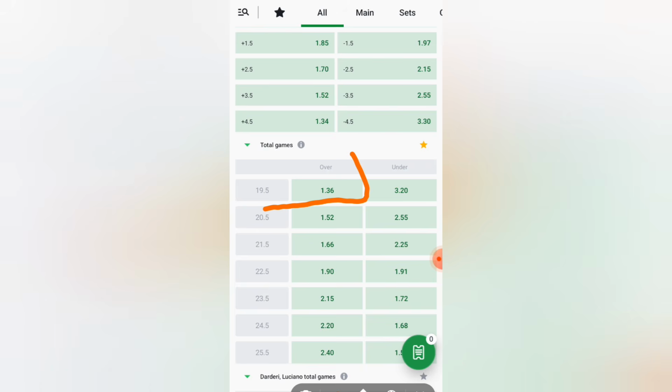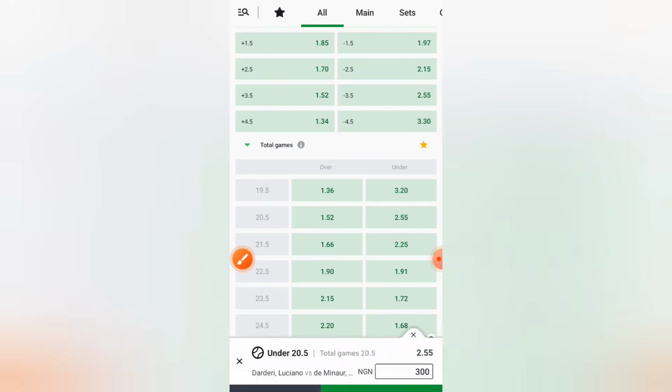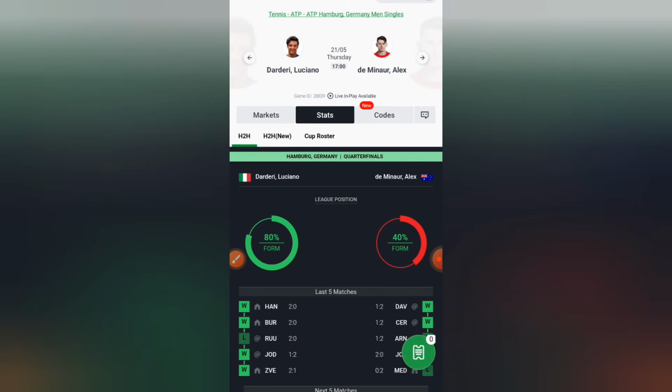Step 2 is to check the surface and playing style. You need to check the surface of the game. Let me give you some hints that you need to take note of. The best surface for over, if you want to get over points very well, is the hard court and the grass court.